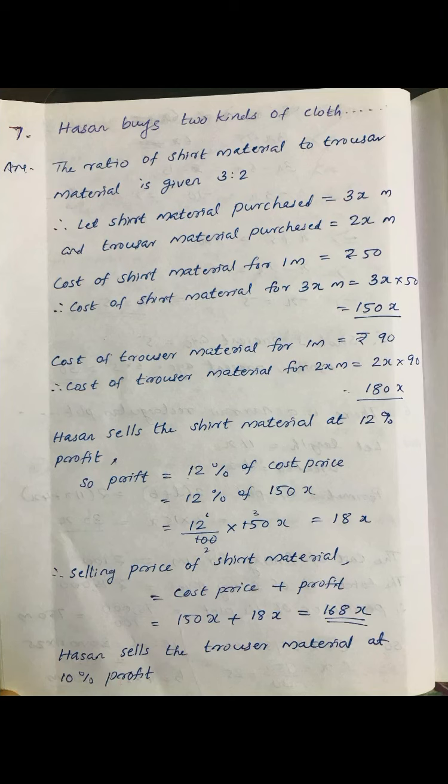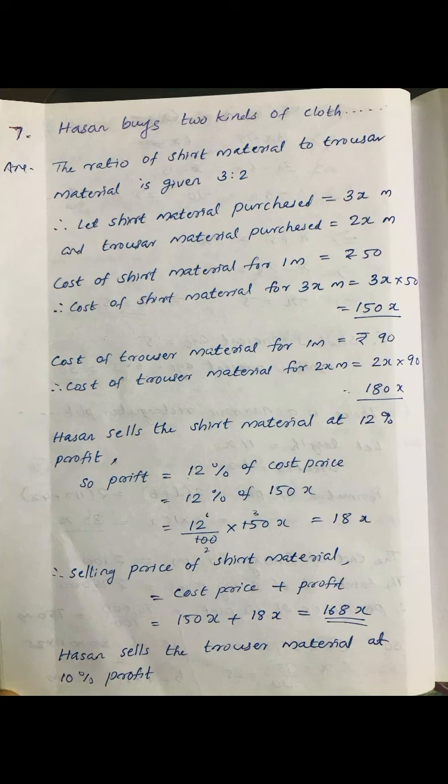So let the shirt material purchased be 3x and the quantity of trouser material he purchased be 2x meters.